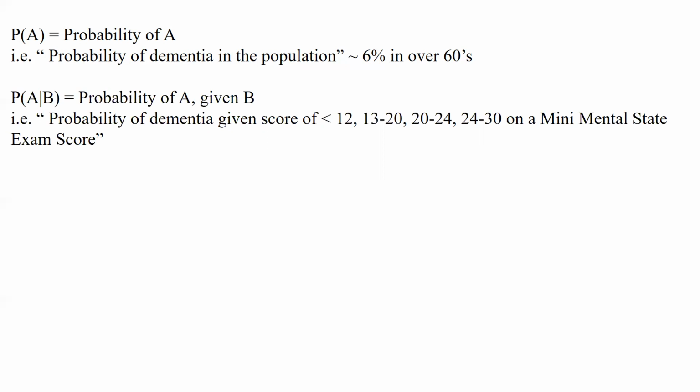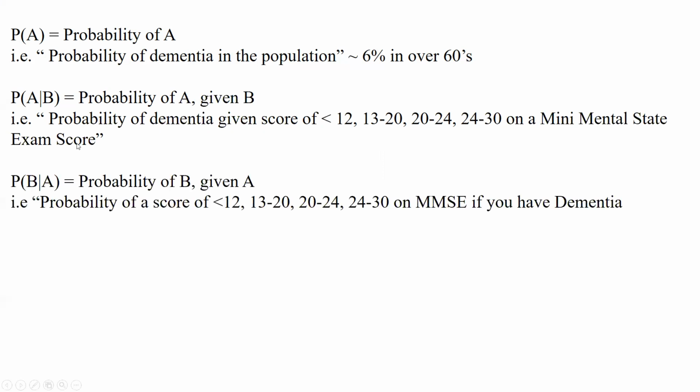Depending on how you score, you will be assessed as a candidate for having dementia. So P of A, which is what we are really interested in this case, is what is the probability someone has dementia given their mini mental state exam score? And to reverse this, what is the probability of B given A? This is, what is the probability that someone will achieve a certain score given that they have dementia?